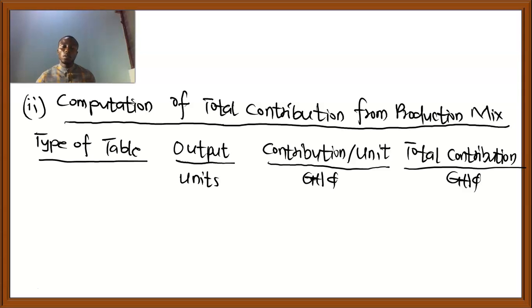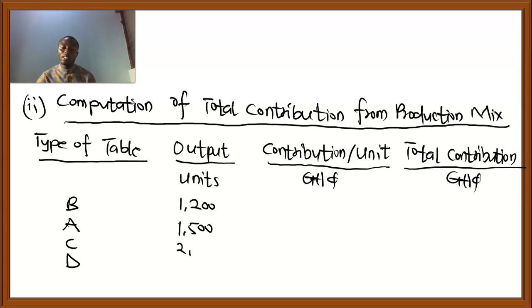Okay. So according to our ranking, we are going to produce in this order: B, A, C, D. In respect of table B, according to our optimum production plan, we are going to produce 1,002. For table A, we are going to produce 1,005.